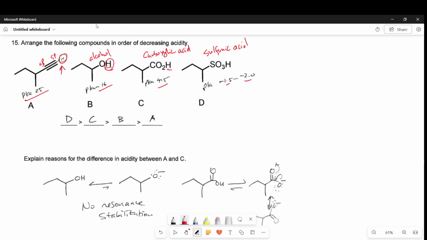So based on our pKa knowledge, you are asked in decreasing acidity, so from the strongest to the weakest acid in this series. So D is the strongest acid, followed by C, followed by B, followed by A. High pKa is less acidic.